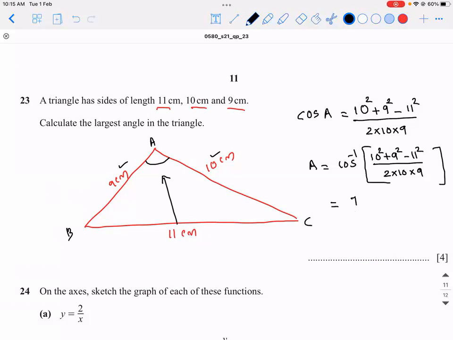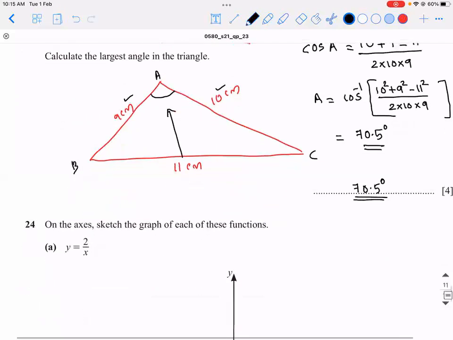If you're rounding to one decimal place, the answer is 70.5 degrees. So that is the answer for this question. I hope you got it. That is the answer for question 23.